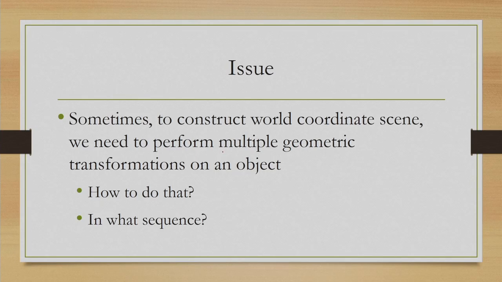Now, the question is how to combine and in which sequence. So, when we are performing multiple geometric transformations to construct world coordinate scene, we need to address the issues of how we perform these multiple transformations together and what should be the sequence of transformations to be followed.